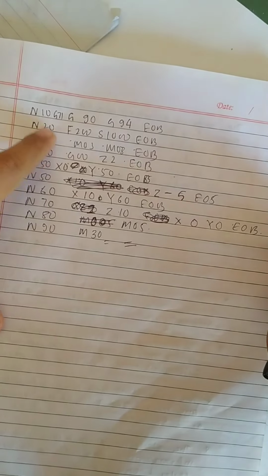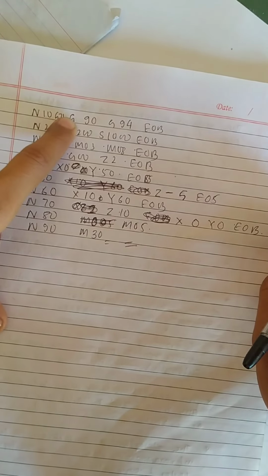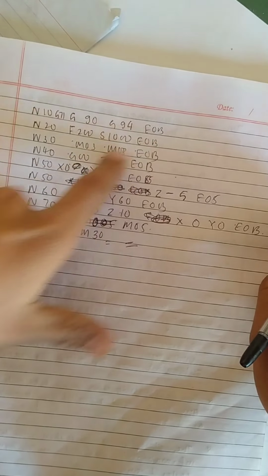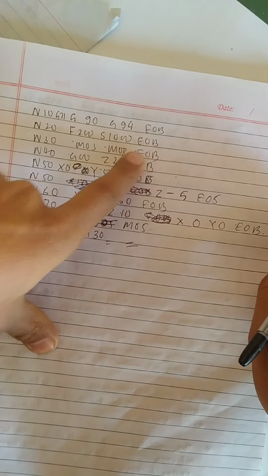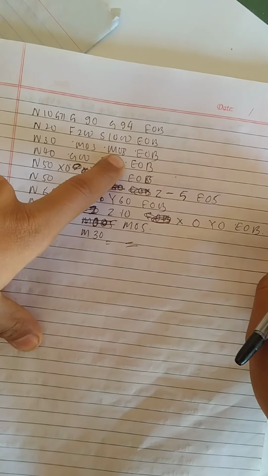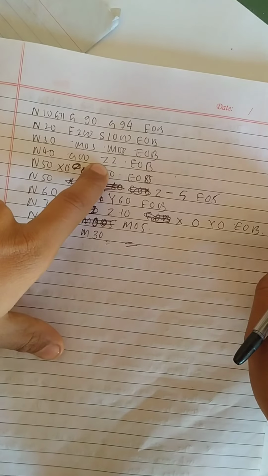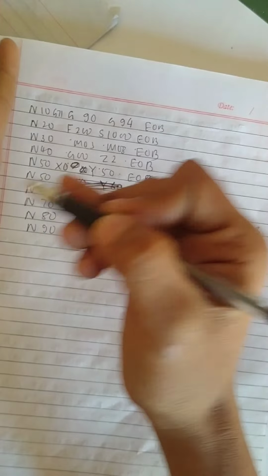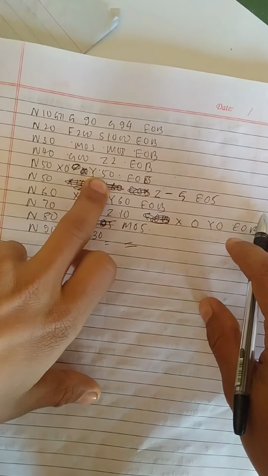Okay, 10 is the sequence number, G71 metric unit, G90 absolute coordinate system, G94 mm per minute, end of block. Feed rate 20, spindle speed 1000 rpm, M03 spindle start clockwise, M08 coolant on, end of block. G00 rapid traverse to Z2, that is 2 mm above the surface, end of block, x0 y50.